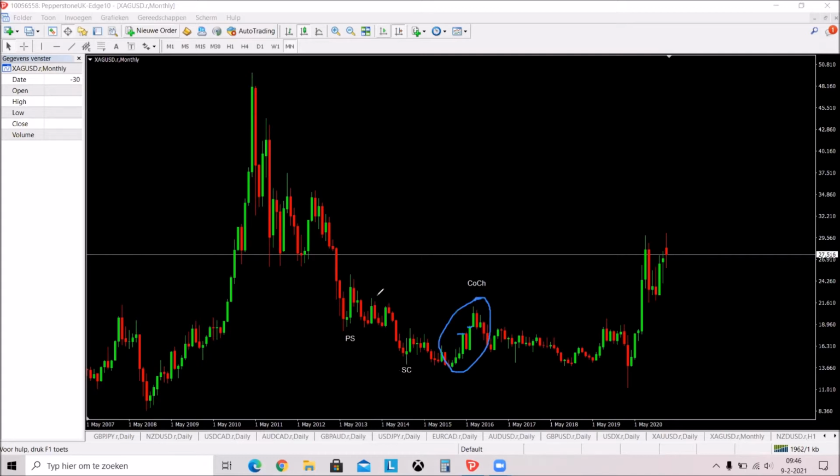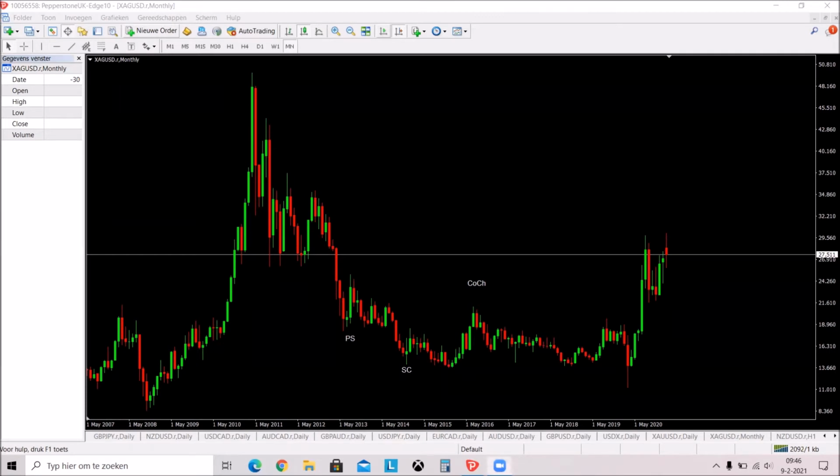So I want to see the downtrend stop, which happens at the selling climax, also called stopping action. Then there's usually a secondary test of the selling climax, which happened over here. And then I want to see the change of character, which is very obvious, which is this move. So that really piques my interest.